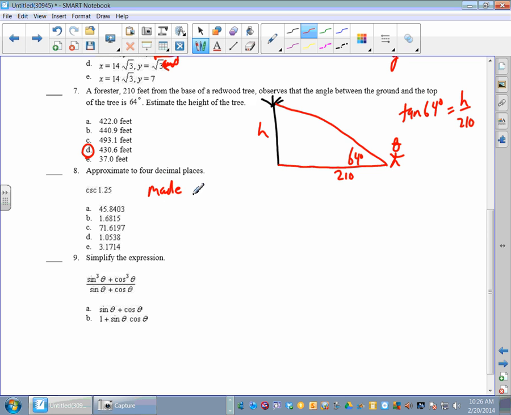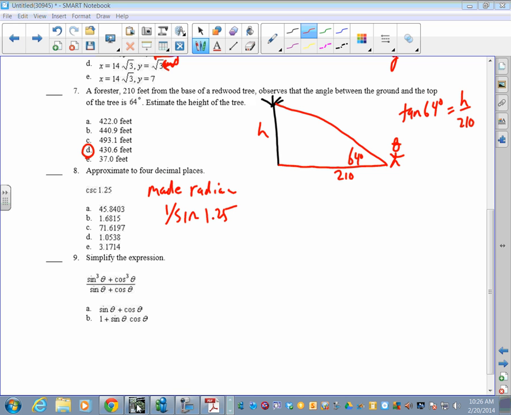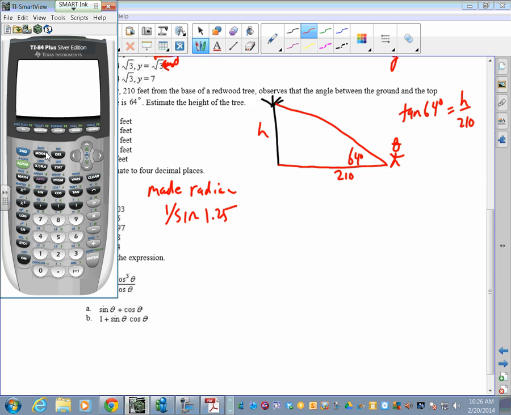Radians. How do you type it in on your calculator? 1 over sine of 1.25. Okay. Mode. I'm just getting ready. 1 divided by sine of 1.25. Okay.